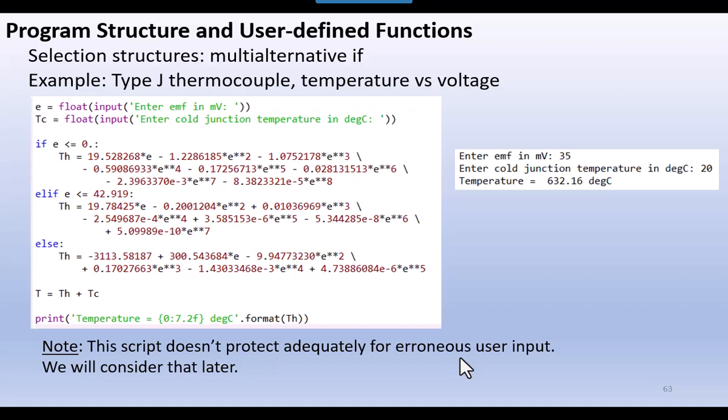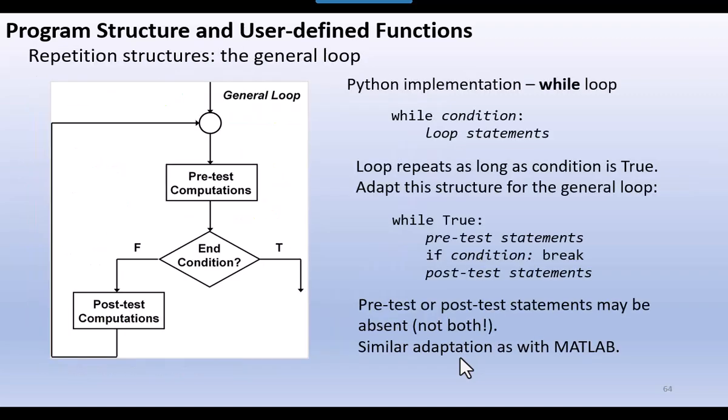Okay, so those are the if structures, or what might be called selection structures. And now we're going to go on and look at repetition or looping structures. And the idea that we have here in a very general sense is shown by the flowchart on the left, where we have an entry point and we have perhaps some computations that we carry out, not absolutely required, but commonly, and then we check to see if we are at a condition that allows us to get out of this loop.